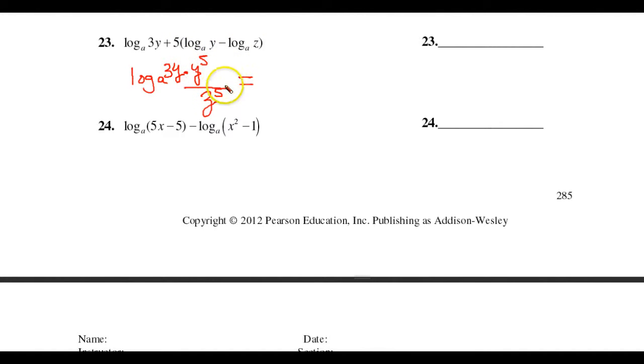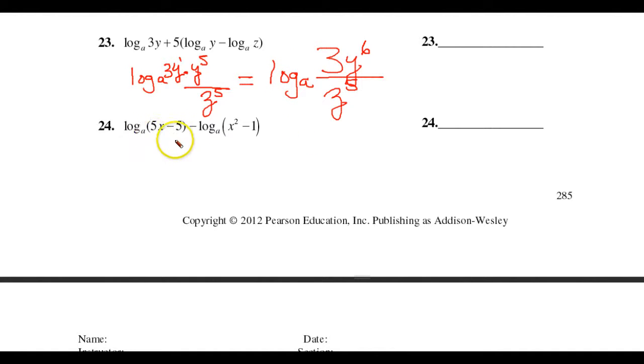But notice we have y times y here, so we have to do a little more simplification. Now this is going to be a 3. Now this is y to the first, y to the fifth. This makes this y to the sixth, and this is over z to the fifth. Okay, now it makes sense.